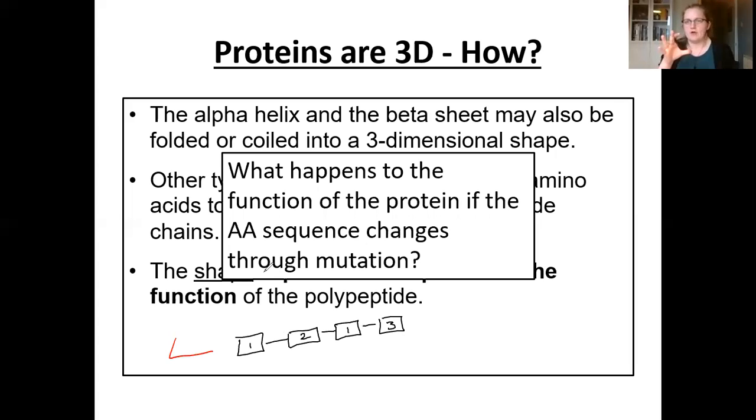They will have their own specific folding process that happens. It'll make its own precise shape through its intermolecular forces and bonds. If for some reason we had a mutation and amino acid 2 becomes amino acid 3, the rest stays the same, the shape will change.